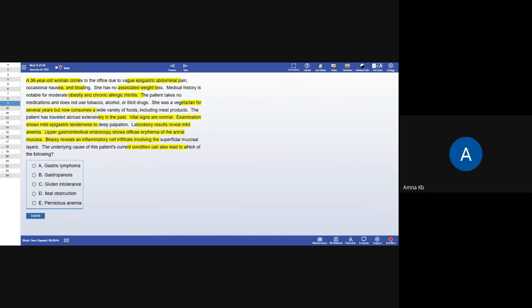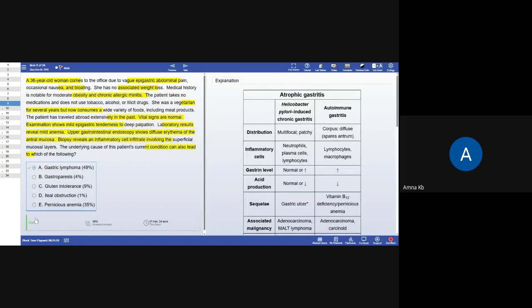They also mention the specific biopsy: an inflammatory cell infiltrate involving the superficial mucosal layer. Because of this, we know that there's something growing there, so that's why I said gastric lymphoma. Okay, so we all agree with gastric lymphoma? Yes. Okay. Again, a very easy question: atrophic gastritis.